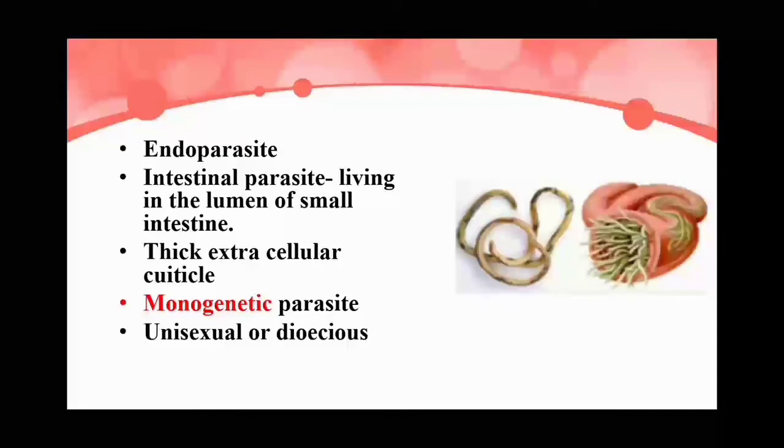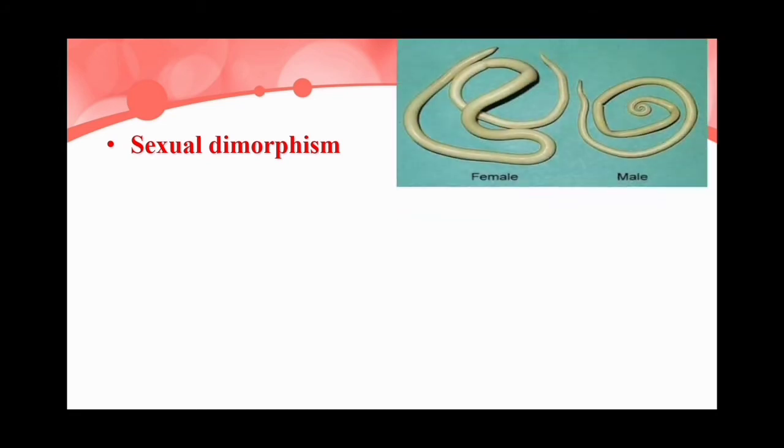It is a unisexual or dioecious organism. It means sexes are separate. Ascaris shows sexual dimorphism. What does it mean? By morphology, we can clearly distinguish the male and female. See the figure.